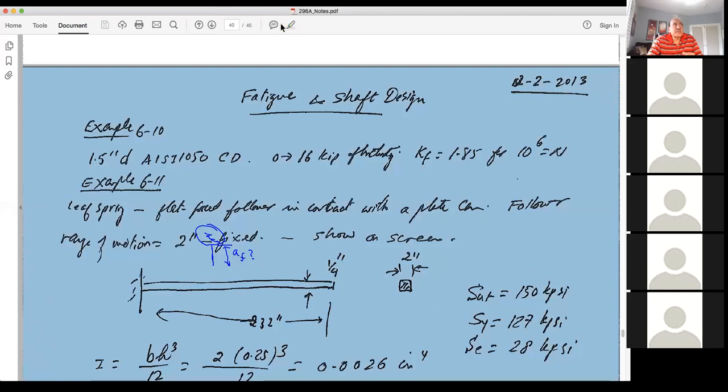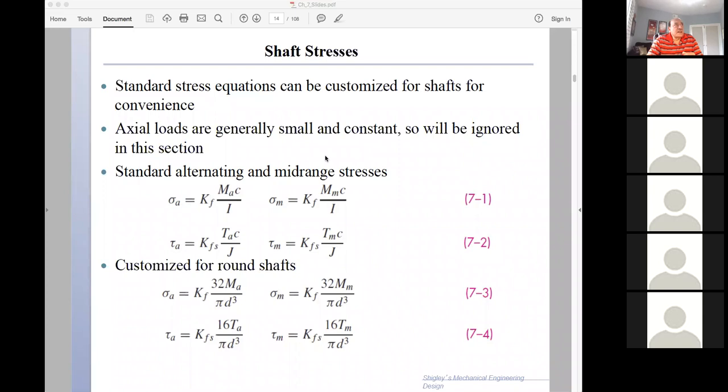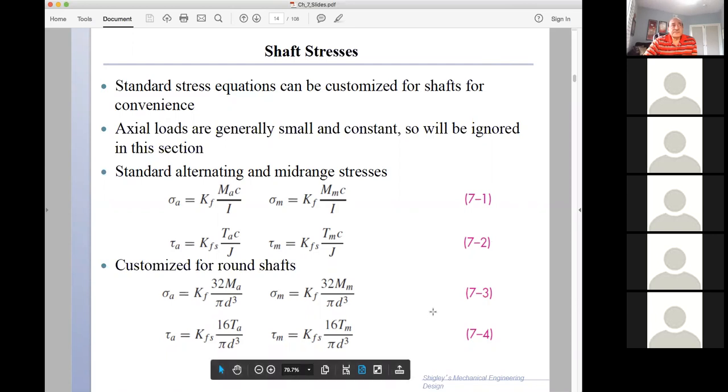I'm going to stress the subject of fatigue design in shafts, because that's going to be what we will do for the second project.